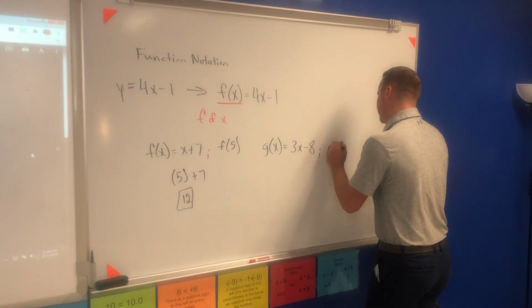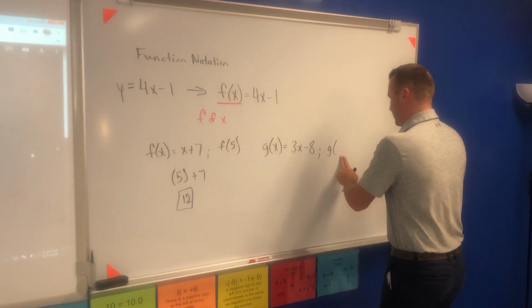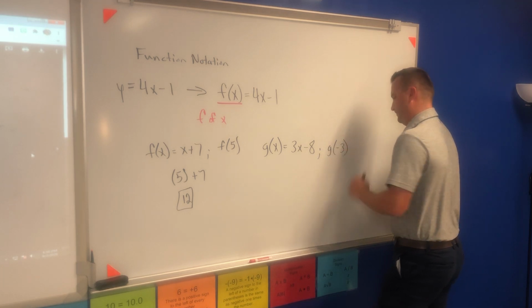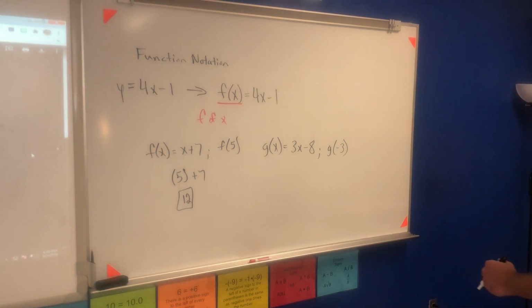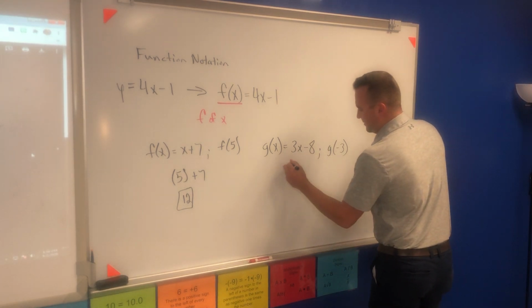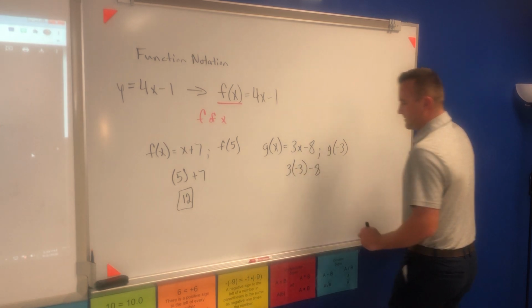You can have this to where it says g of x is equal to 3x minus 8, semicolon, find g of negative 3. I'll take negative 3 and I plug it in for the x in the equation. 3 parentheses negative 3 minus 8.